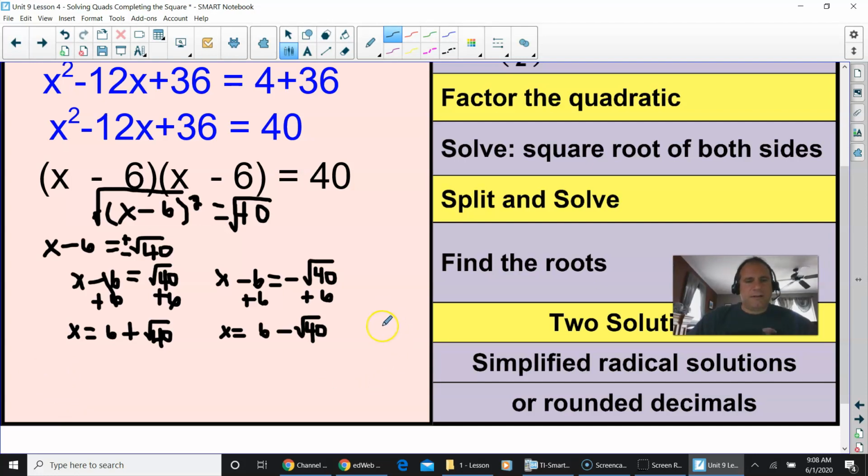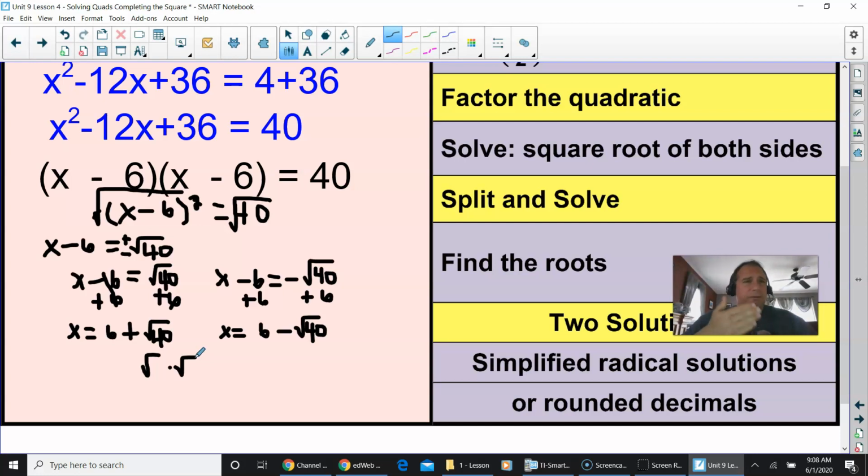If you have the square root of 40, you have to simplify that into a perfect square times a non-perfect square. The two numbers that I'm thinking of are 4 times 10. And we're always looking for a perfect square and another number.